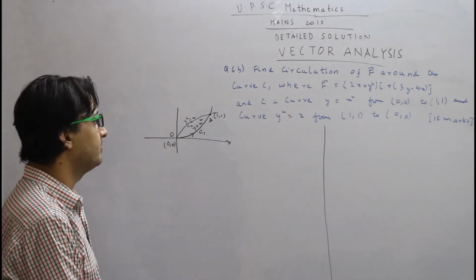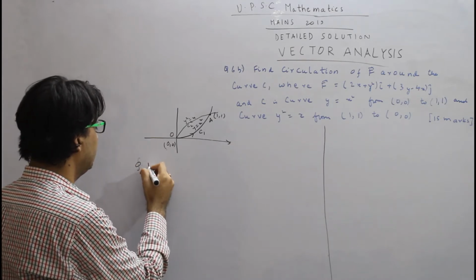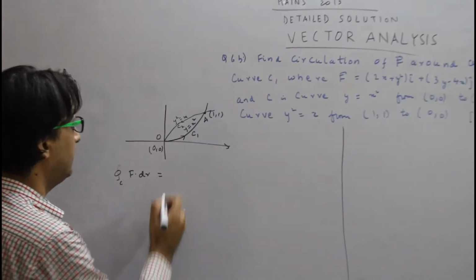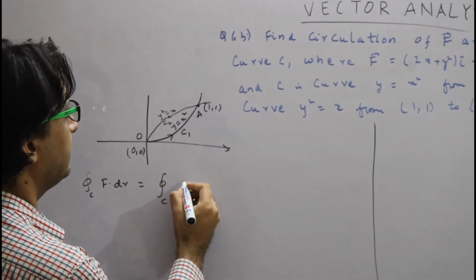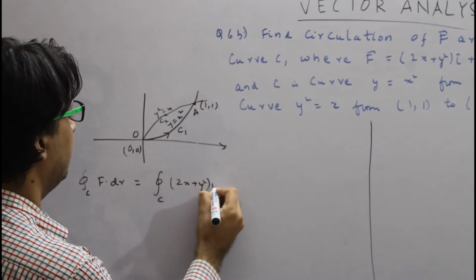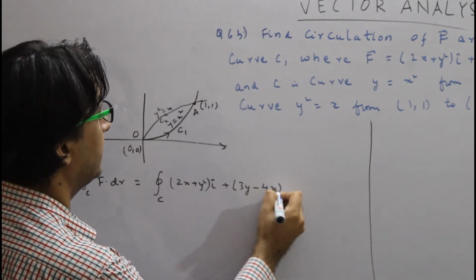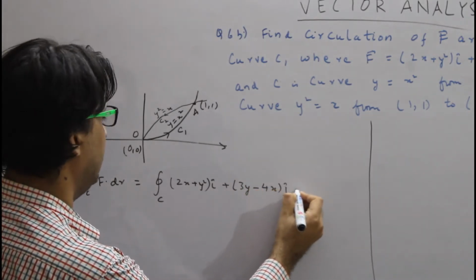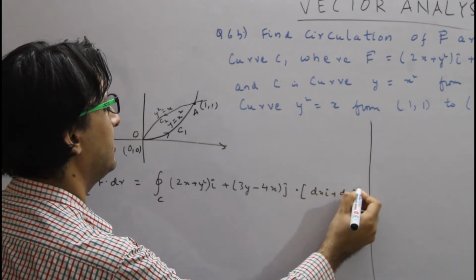Alright, so first of all, we have to write F dot dr. F is given as (2x plus y square) i plus (3y minus 4x) j, dot product with dx i plus dy j.